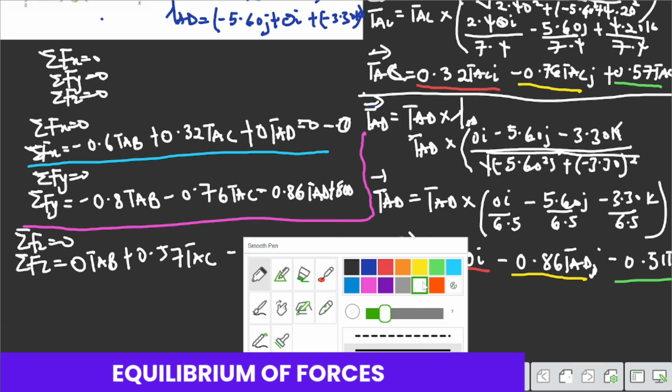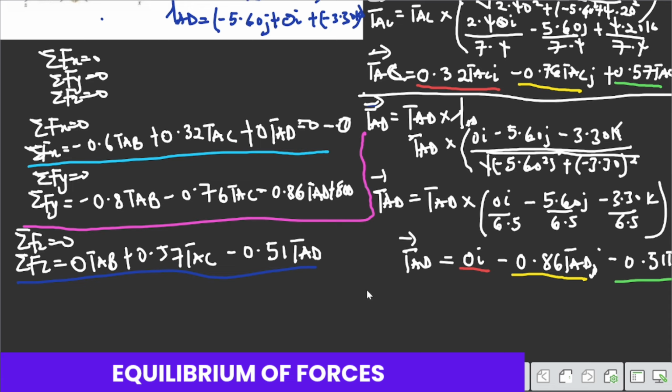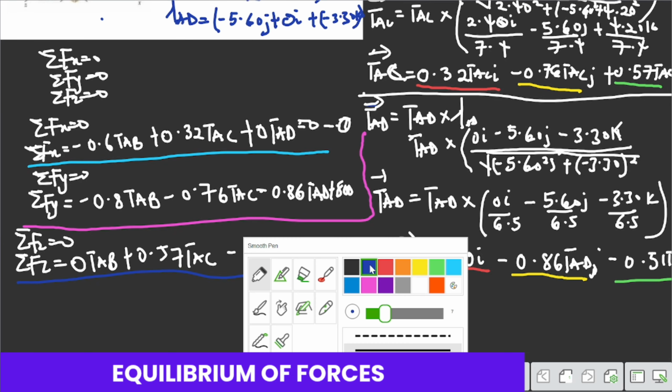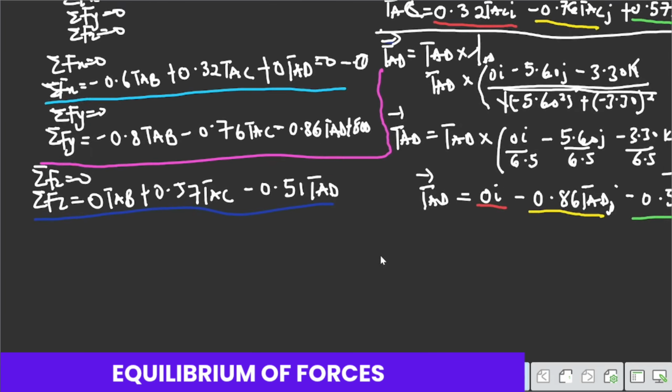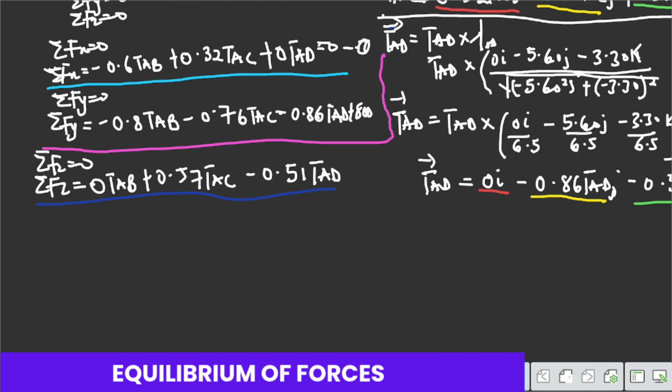So now let's solve them together. What we're going to do now is write everything here very well and arrange them as well. So first of all, let's rewrite them again. I'm going to use the color orange for it so that everything becomes superb. So first, with this side, I'm going to have minus 0.60 TAB here.